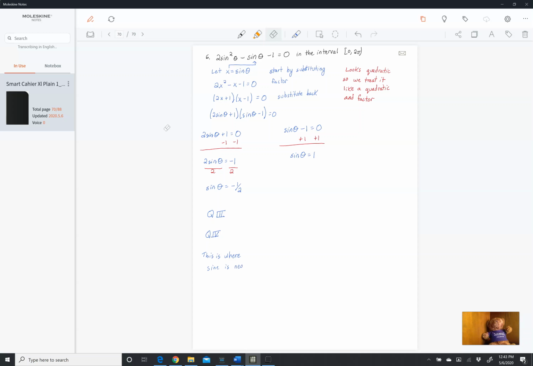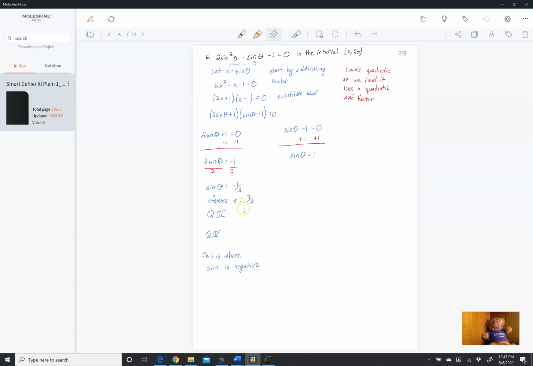That's how we know which quadrants we're in. And what's our reference angle? Well, what angle has a sine of 1/2? 30 degrees. So our reference angle is pi over 6. You could think about it as 30 degrees and then convert to radians.